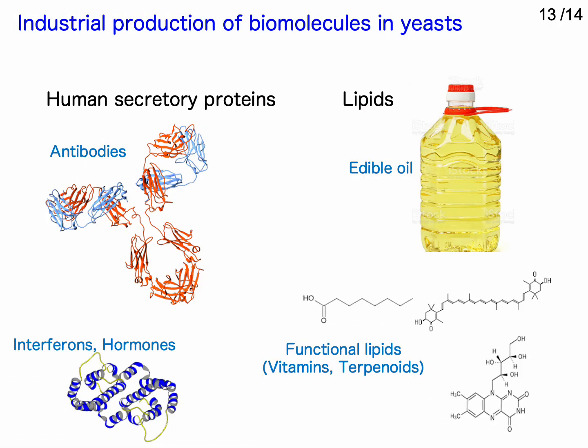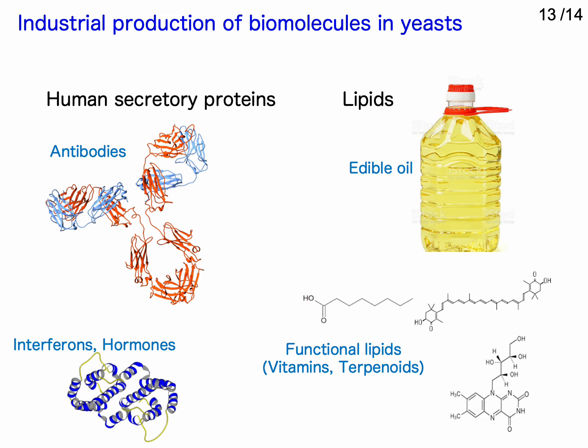By introducing genes from other organisms into yeast cells, it is today possible to produce various commercially valuable heterologous biomolecules by yeast cells. Human secretory proteins, such as antibodies, cytokines, and insulin, can be used as pharmaceuticals.